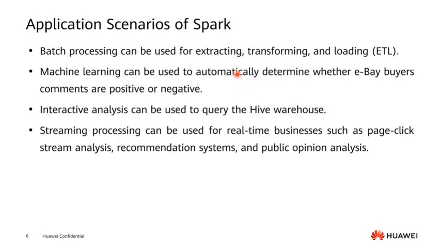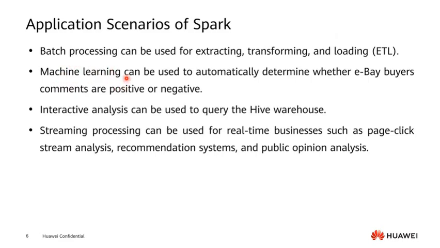Let's explore the application scenarios of Spark. Spark can support batch processing, which can be used for extracting, transforming, and loading, or ETL. These three steps can be seen as important parts of data preprocessing. By doing this, we can improve the efficiency of data analysis.